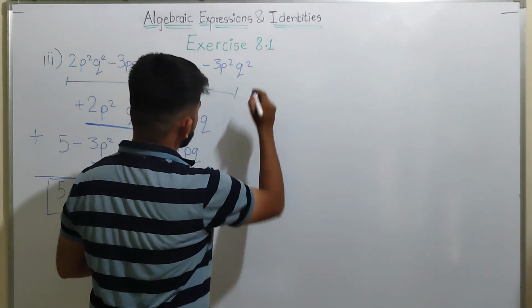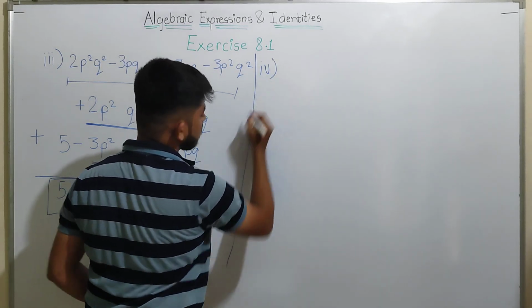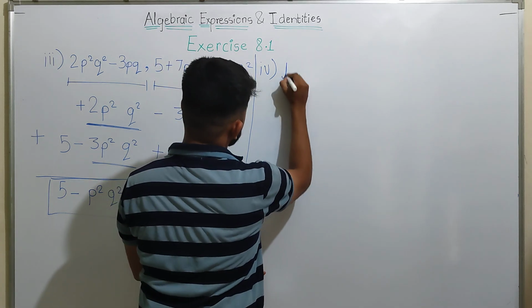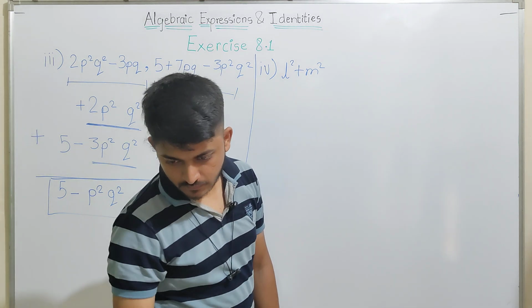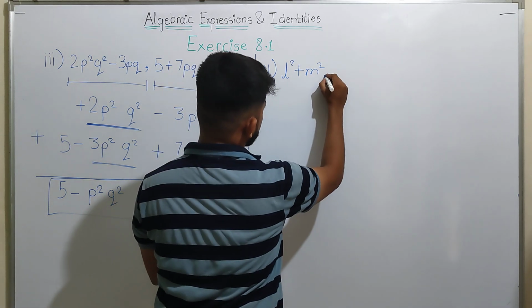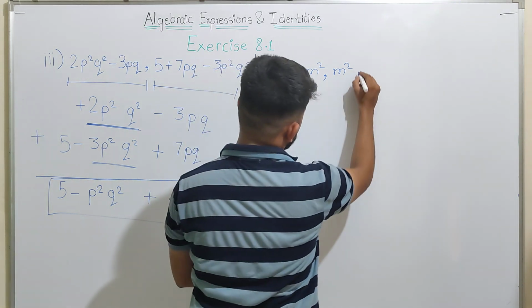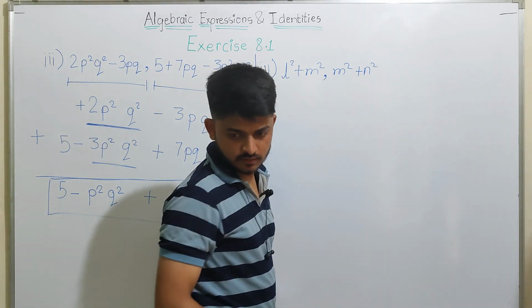I'll rewrite it over here. The fourth one, I'll read the question. l²m². This is the first term. The second term, m² plus n².